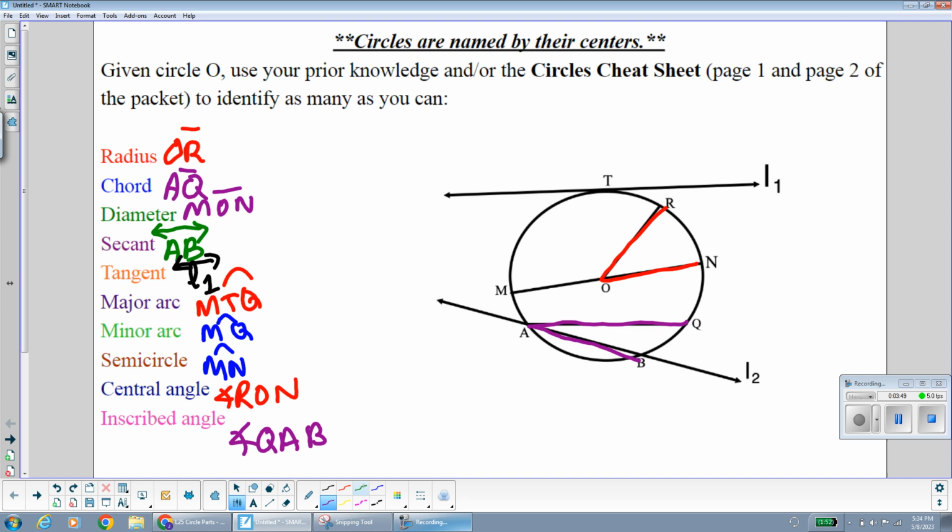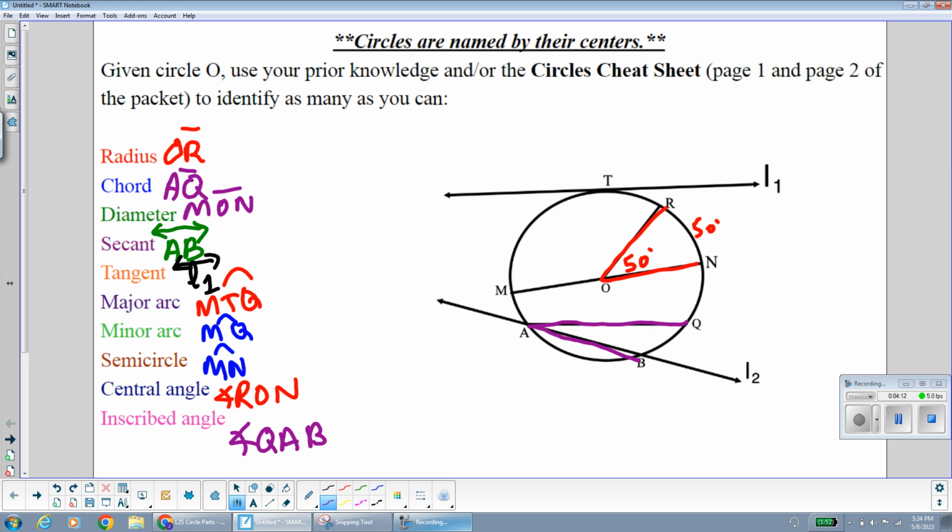Now, central angles are equal to the measure of their intercepted arcs. Intercepted arcs are the arcs that the angle opens up to. So for example, if that angle was, let's say, 50 degrees, the intercepted arc, RN, would also be 50 degrees because this is a central angle.